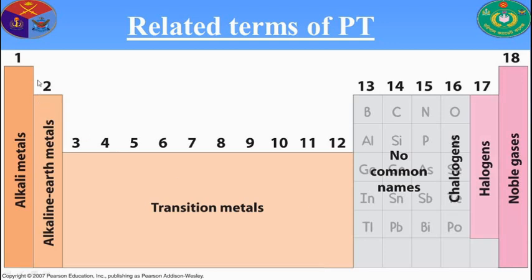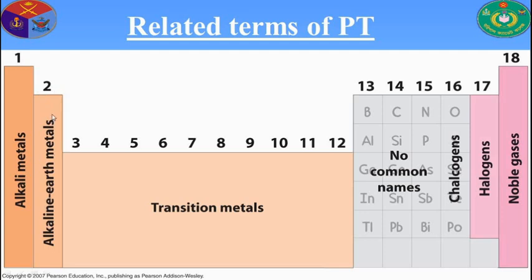The elements of group 1, from lithium to francium, are called alkali metals because these metals can produce most of the alkali compounds. The elements of group 2, from beryllium to radium, are known as alkaline earth metals.